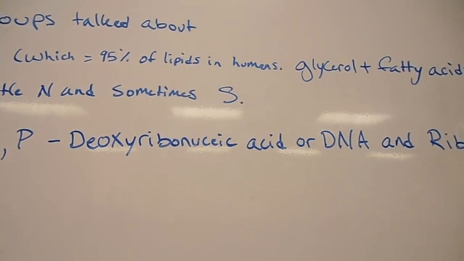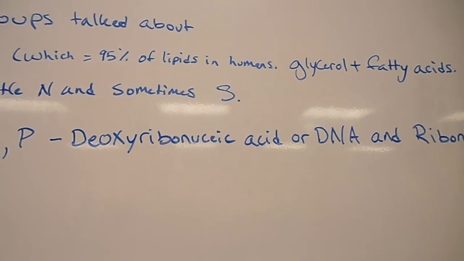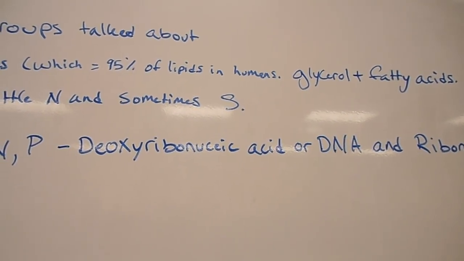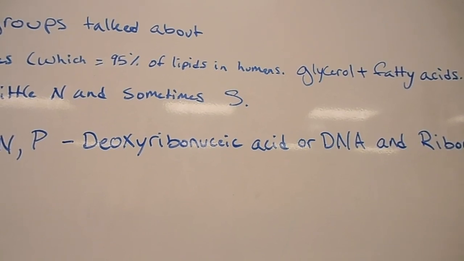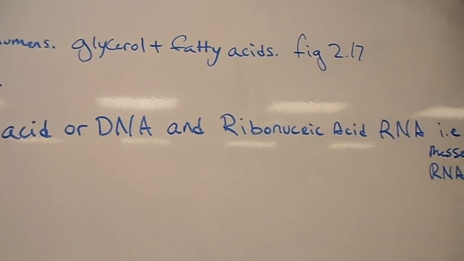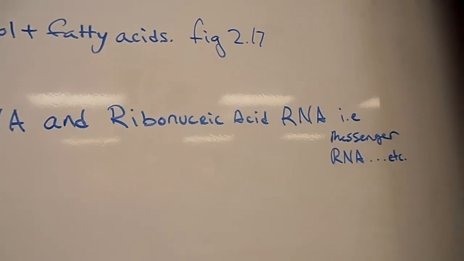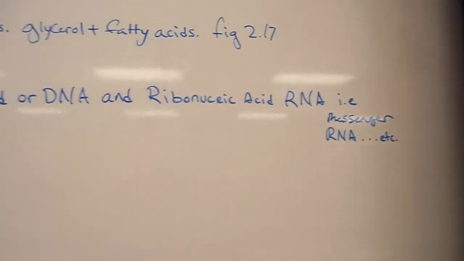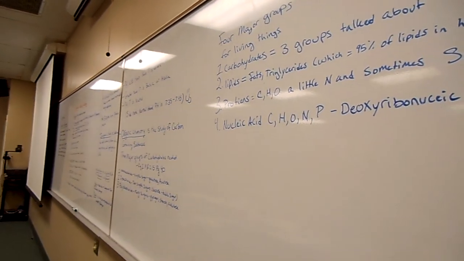Anyway, that makes deoxyribon... No, okay, I'm not even going to try to say that. Anyway, acid or DNA, and ribonucleic acid, which is RNA, i.e. messenger RNA, etc. So there is the notes for chapter 1 and 2.